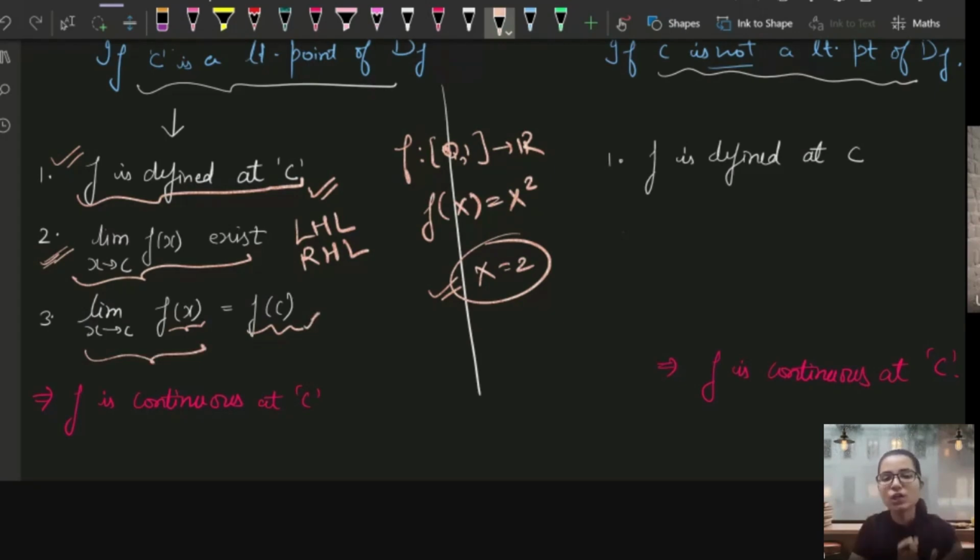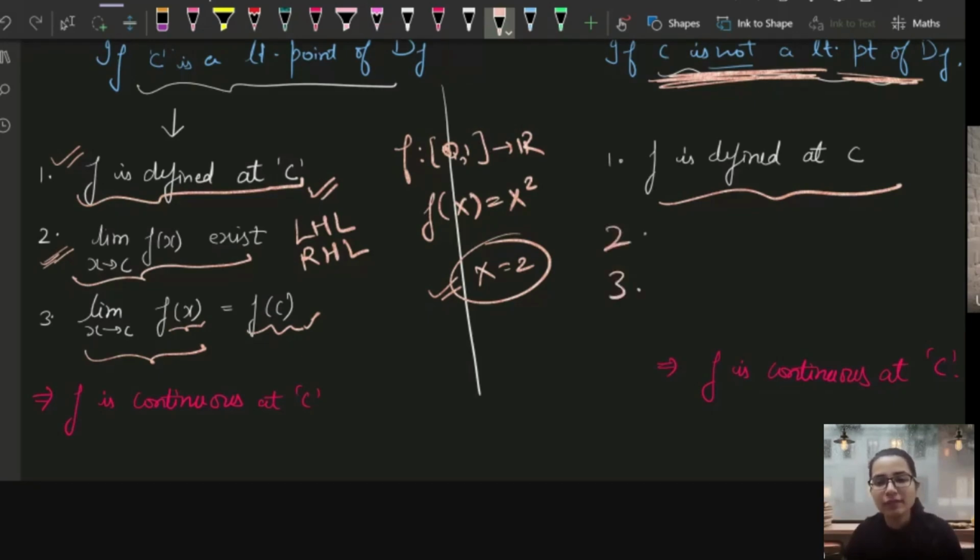You can talk about limits only if that point is a limit point of the domain. If that point is not a limit point of the domain, you cannot talk about the existence of a limit. You cannot find a limit. So for conditions 2 and 3, we don't have any criteria.